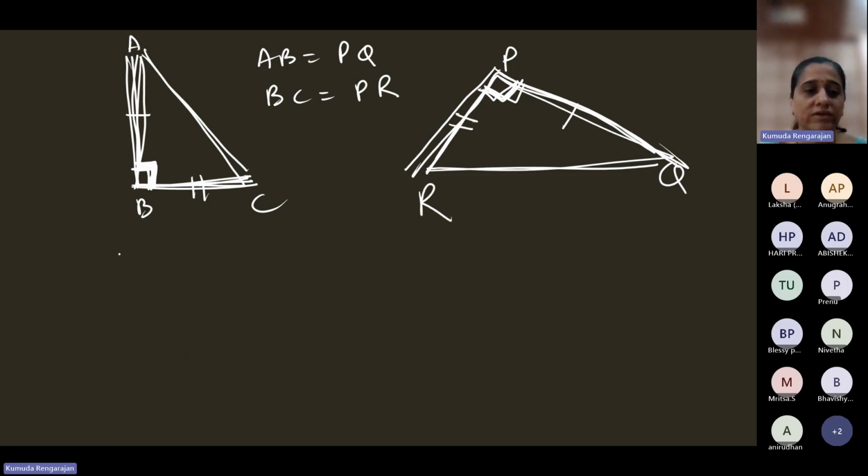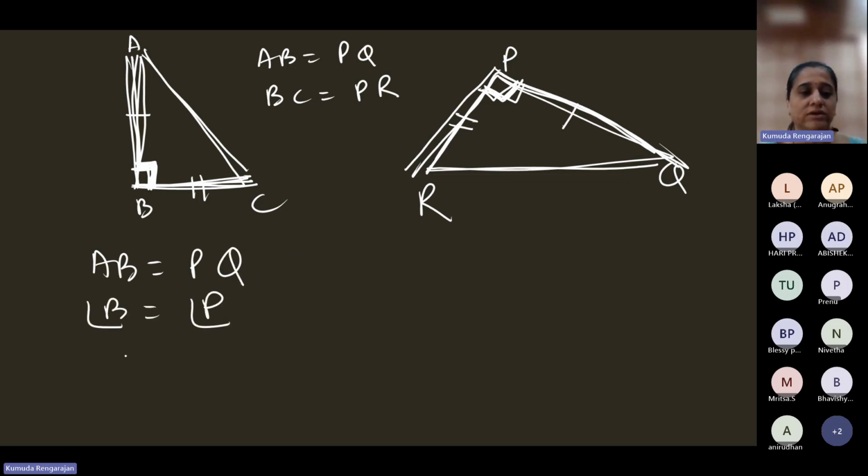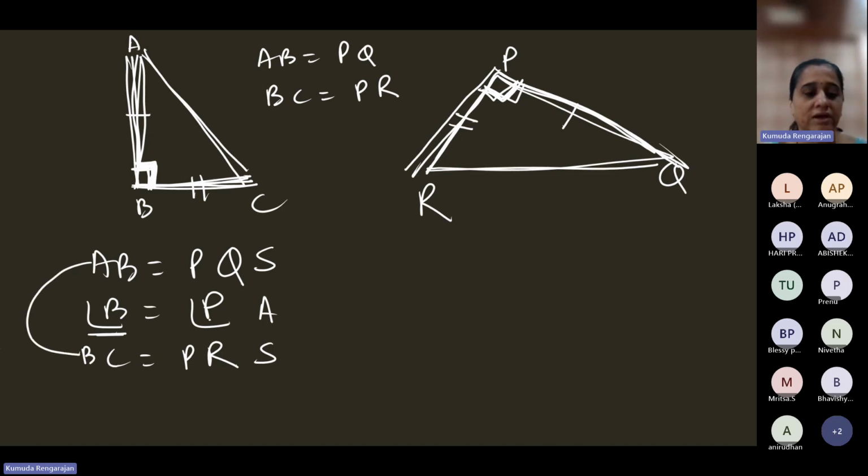See here, what we have is AB is equal to PQ is given. Angle B is equal to angle P is also given, and BC is equal to PR is given. So side, angle, side. I told you for this angle, these are the two arms, and for this angle, these are the two arms.